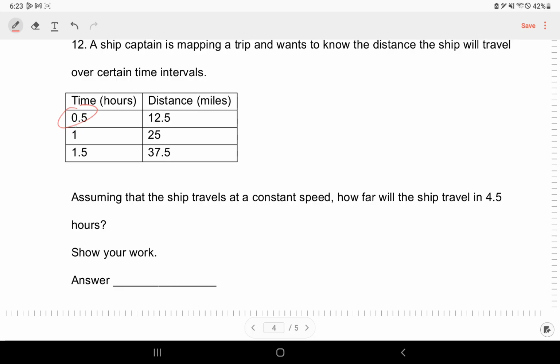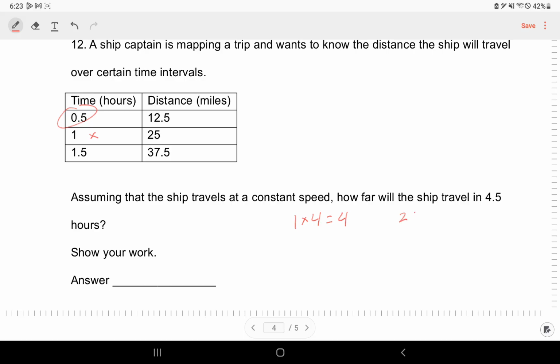Or we can do this times 4.5. Or this times 3. Now, for me personally, I would say 1 times 4 is 4 hours.